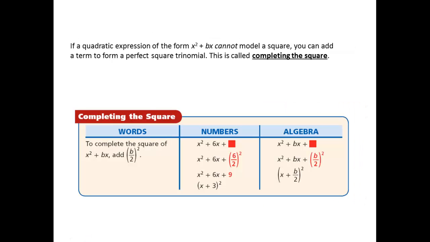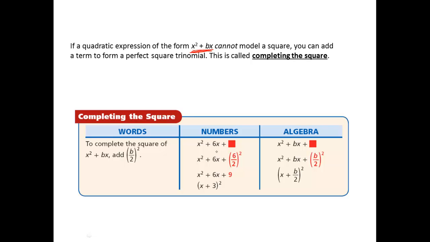All right, so if we want to complete the square, we have x squared plus bx, whatever that number b is. If that cannot be simplified, we need to make it a perfect square. And in order to do that, we take half of b, so it's b divided by 2, and square it. And we add that to our expression.